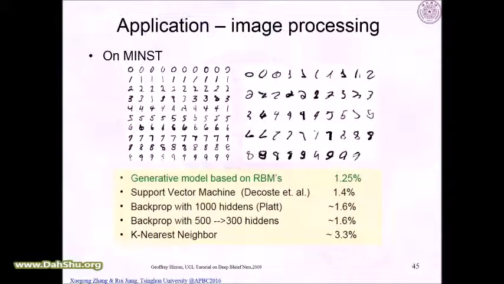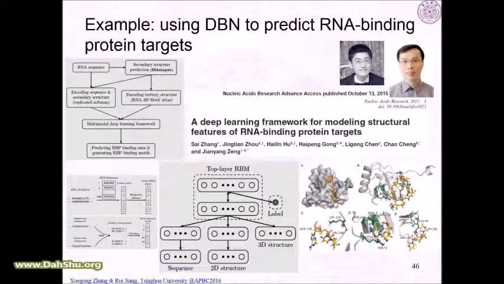These are examples of using this idea with the RBM network on digit recognition. Of course, it gets better performance. And very recently, one of my colleagues at Tsinghua University applied this deep belief network to the task of RNA binding protein target prediction, or the prediction of RNA motifs of protein binding targets.